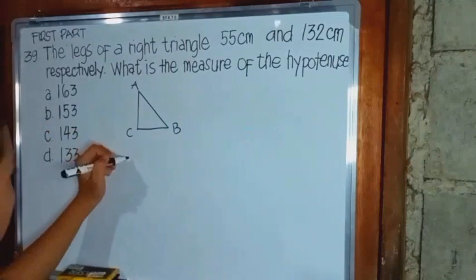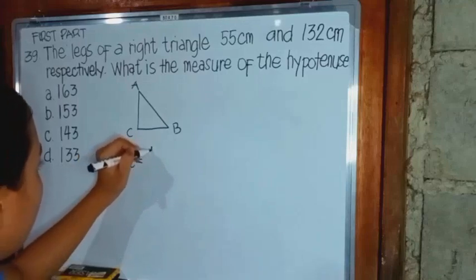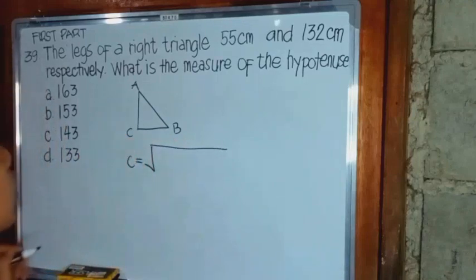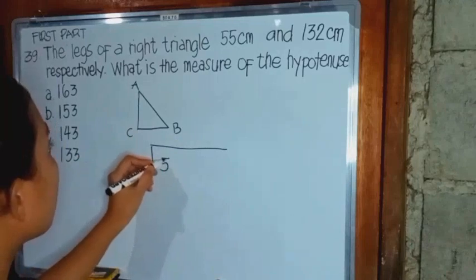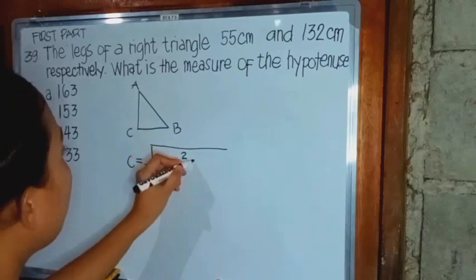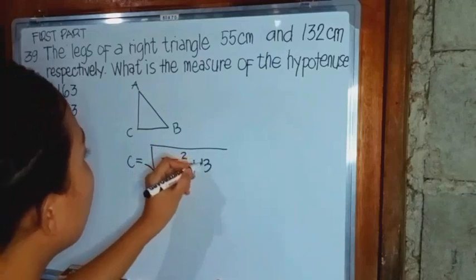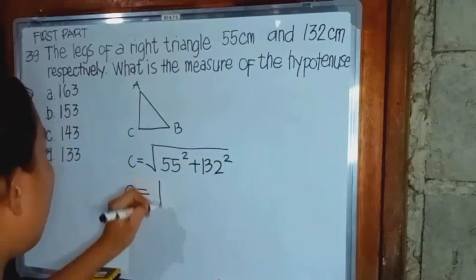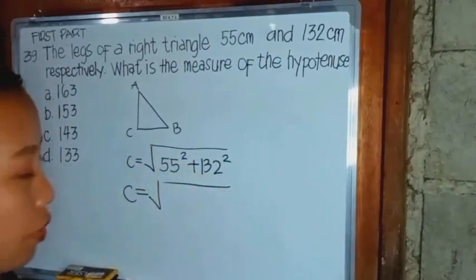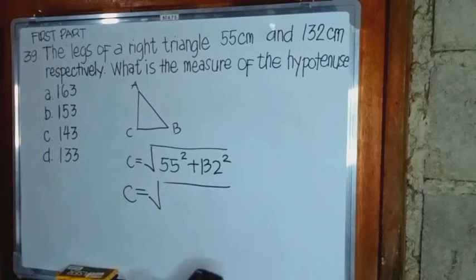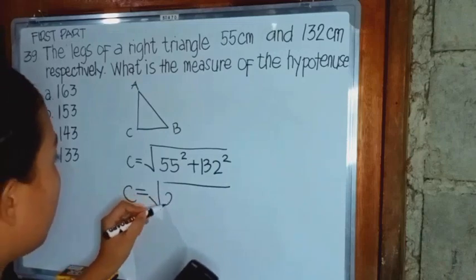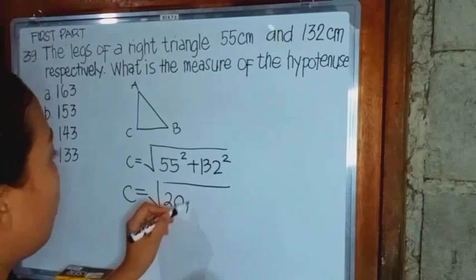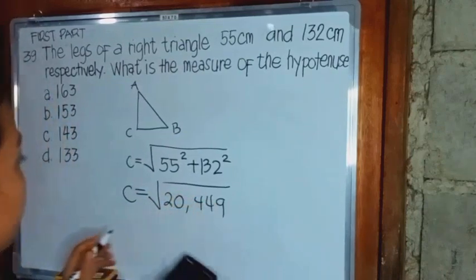Now we have c equals the square root of 55 squared plus 132 squared. 55 squared plus 132 squared is equal to the square root of 20,449.